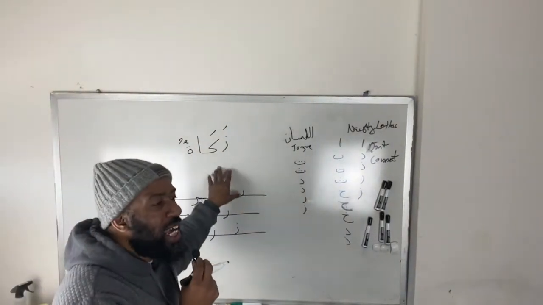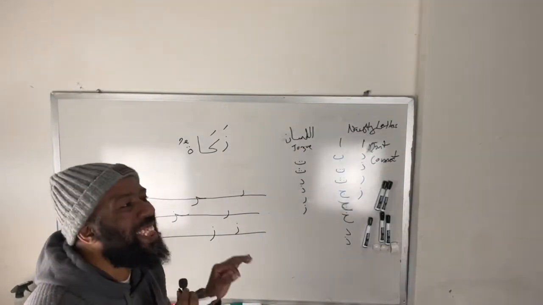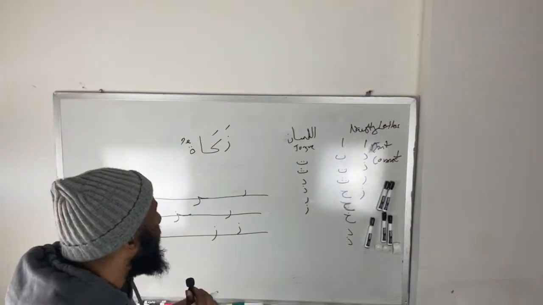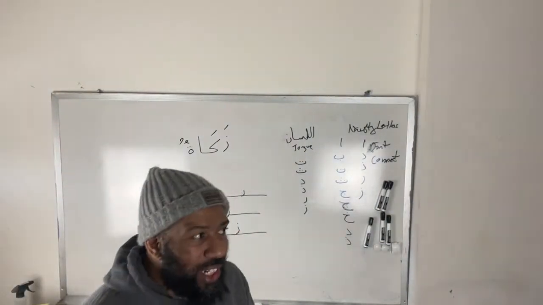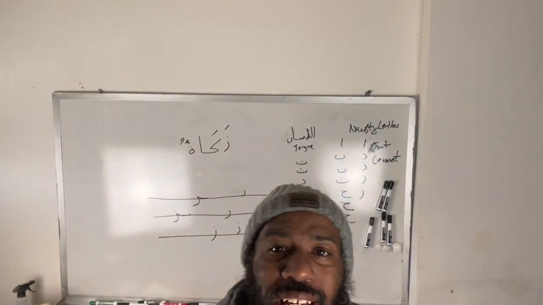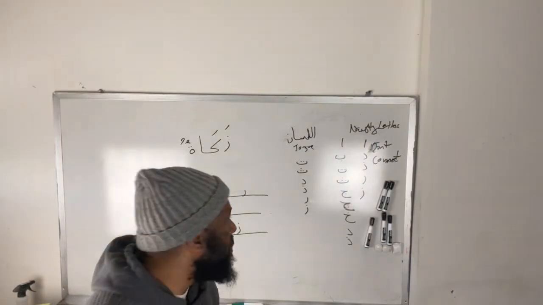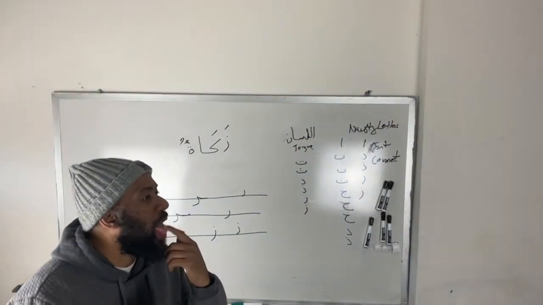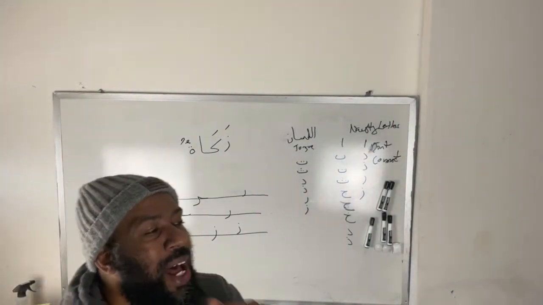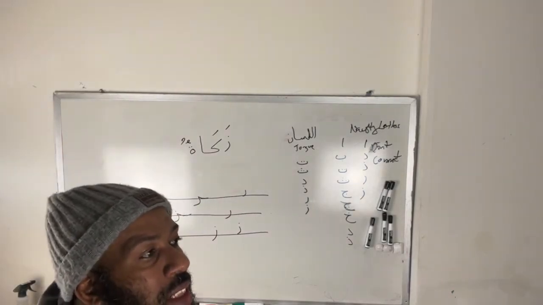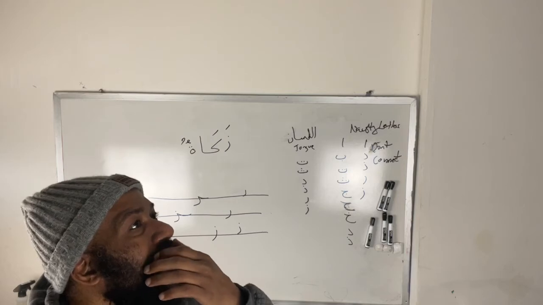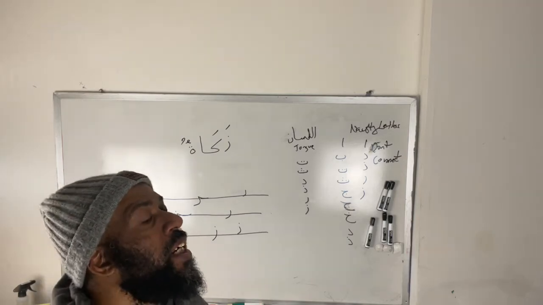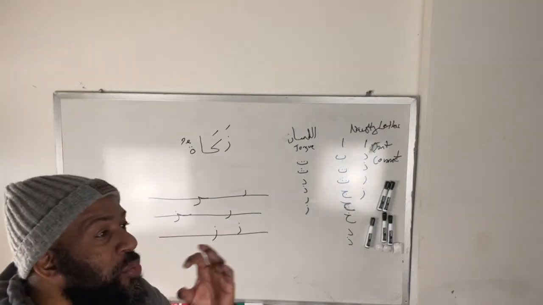One of the pillars of Islam is zakat. Now, where does the zay come from? We said it's a tongue letter. But which part? The zay also comes from up at the tip of the tongue, between that top palate, near your two incisors. It's in between there.